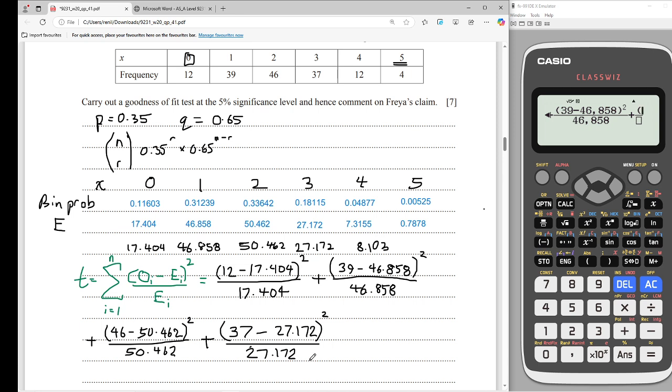Right, so before I progress with the last one, I'm going to just plug in the values for the two we just did.